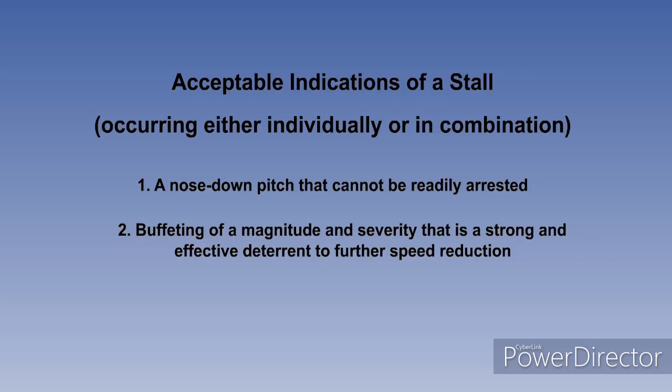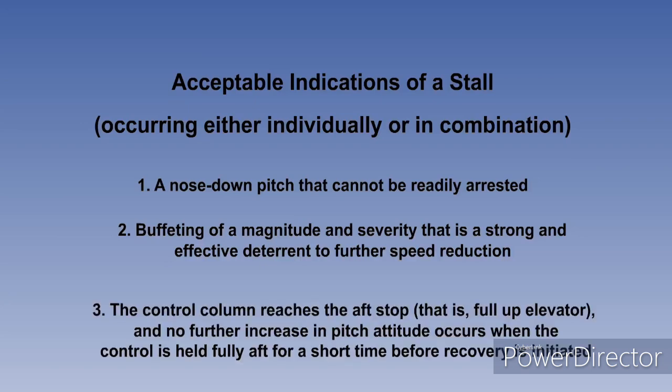Buffeting of a magnitude and severity that is a strong and effective deterrent to further speed reduction. And 3. The control column reaches the aft stop, that is, full up elevator, and no further increase in pitch attitude occurs when the control is held fully aft for a short time before recovery is initiated.